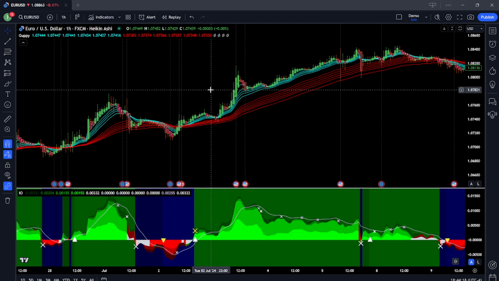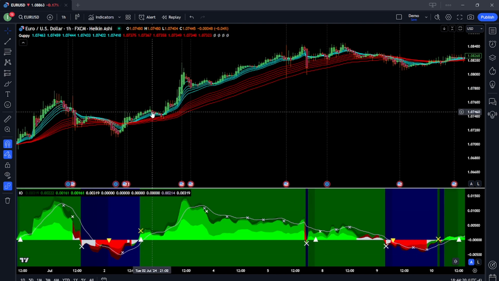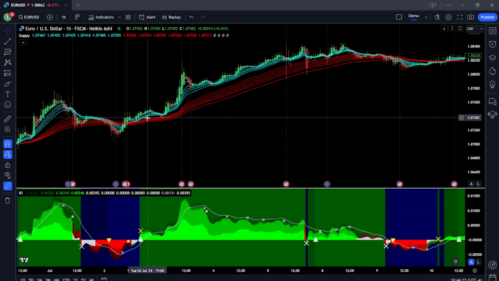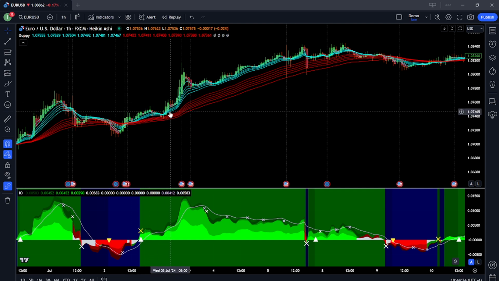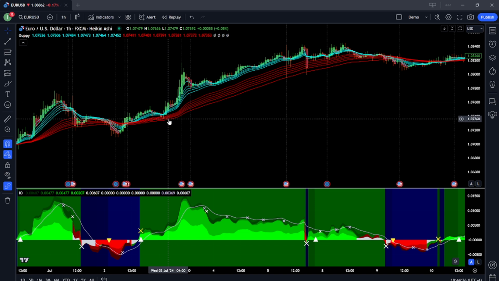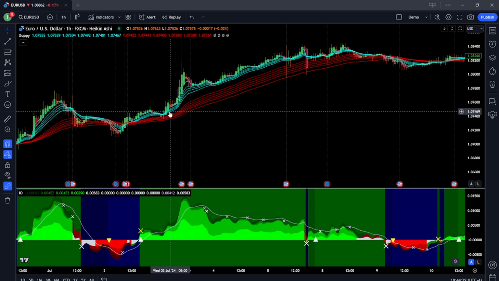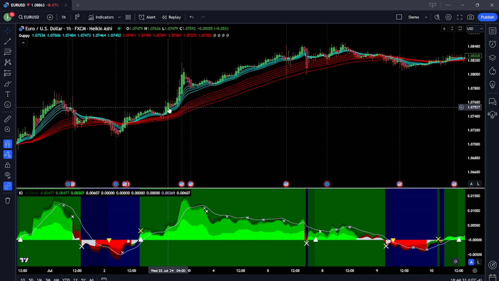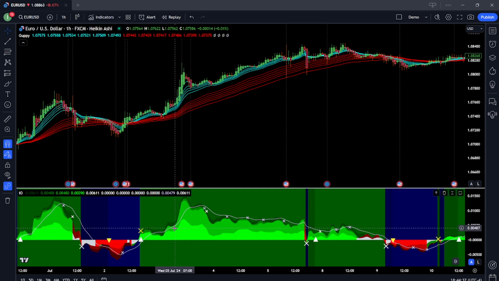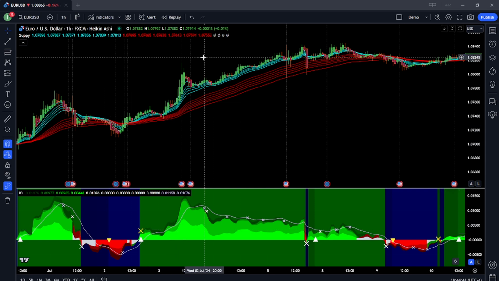That's a sideways market. And then you come here, and there's a gap between the two, and even the red group, you see the lines clearly separated out from each other. So they both agree. And then we'll make an entry either on this candle or this candle. Make sure the Ichimoku oscillator is green. The price went all the way up.